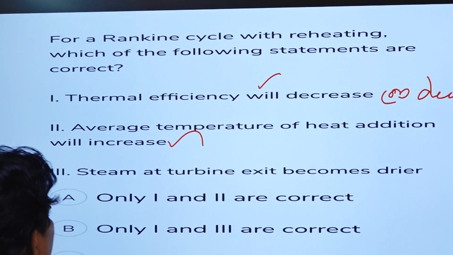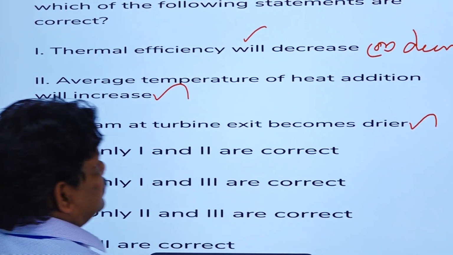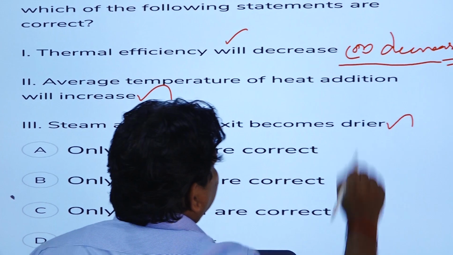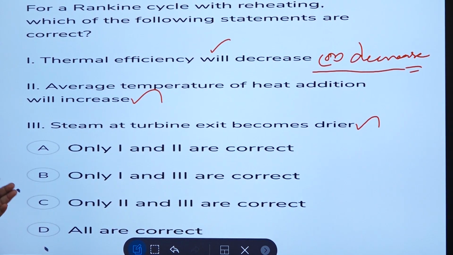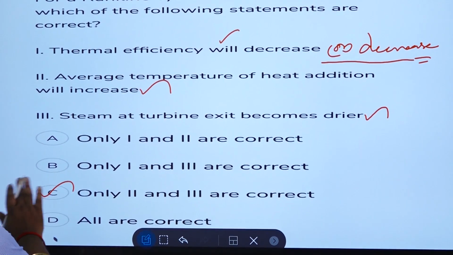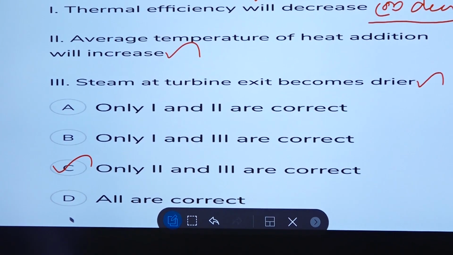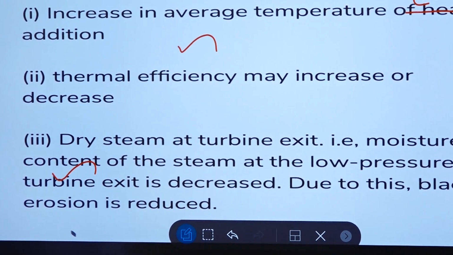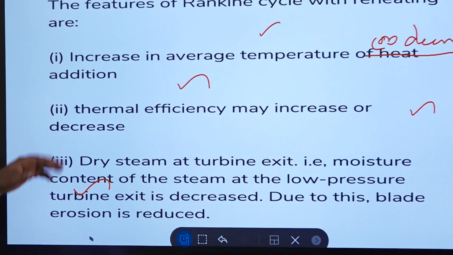And steam at the turbine exit becomes drier, right? So you have to add one more point, that thermal efficiency will either increase or decrease. So the answer for this one is that only 2 and 3 are correct. These are the features of the Rankine cycle.